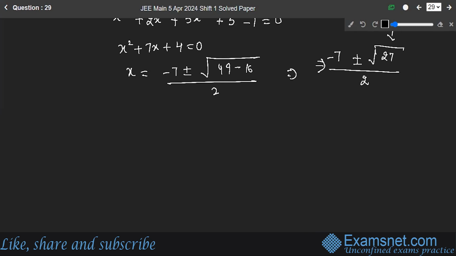This is more than, like, it is 5 point something. So in this range, x less than minus 2, only one root will lie, because the other one will be greater than this number, minus 2.